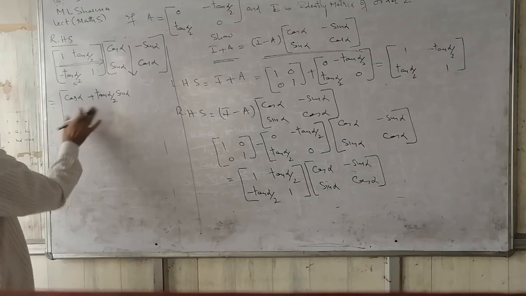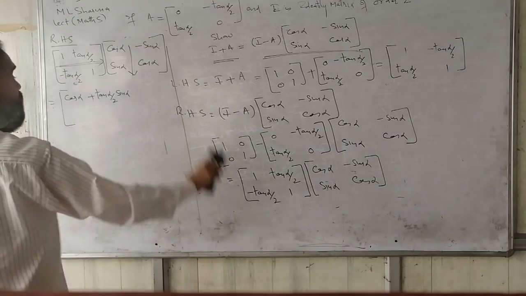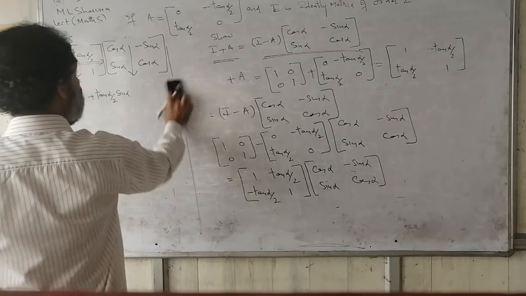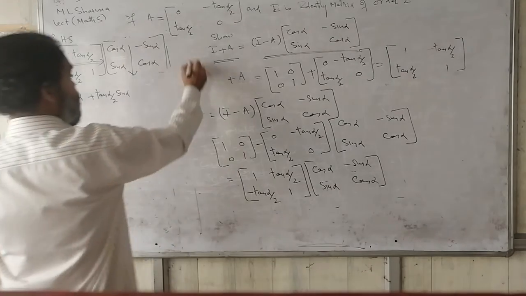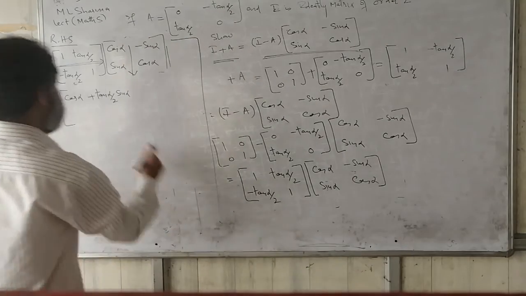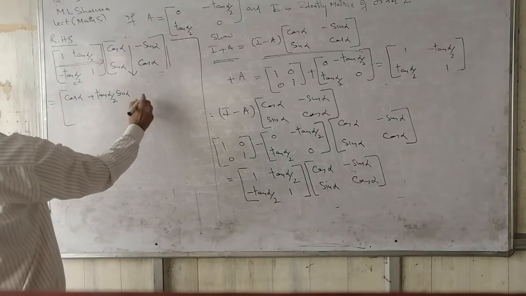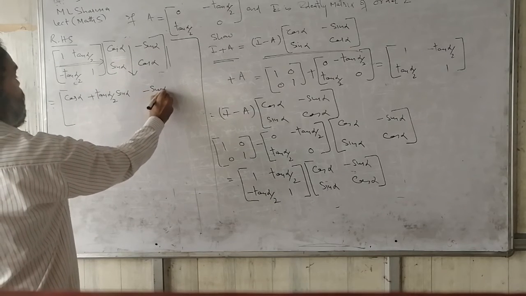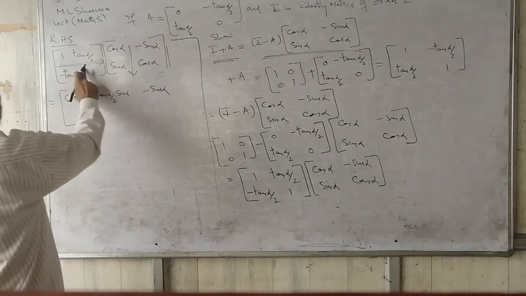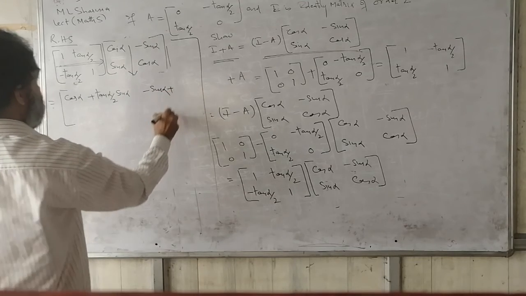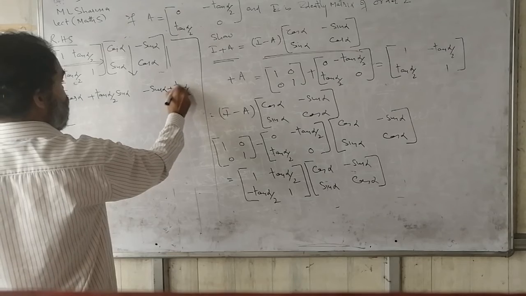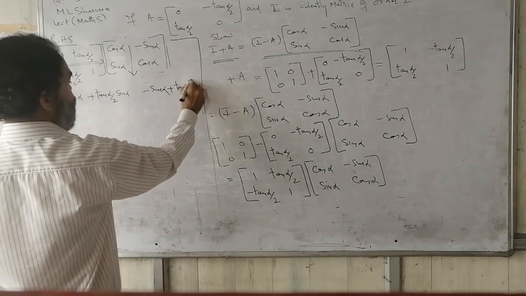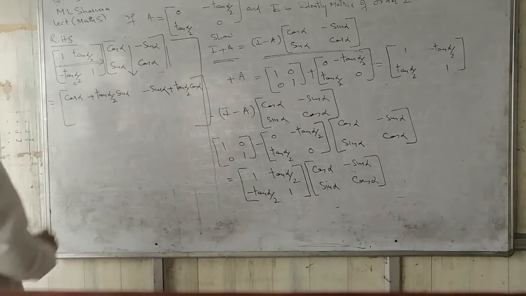The second element will be, from the same matrices, 1 times sin alpha, plus tangent alpha by 2 times cos alpha.